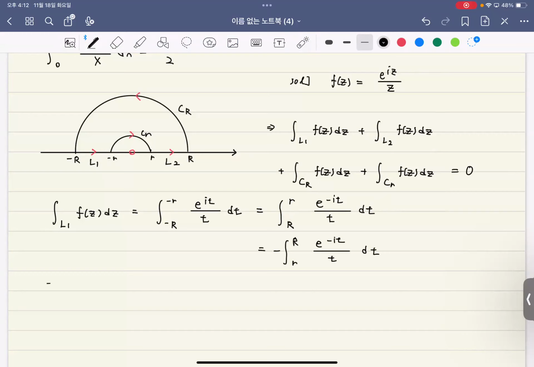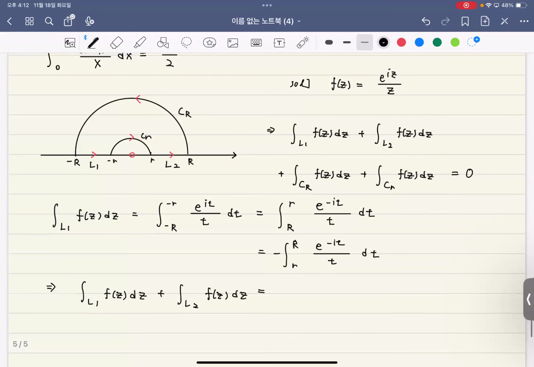Okay. So the integral of this along this line segment is just e to the it over t dt.